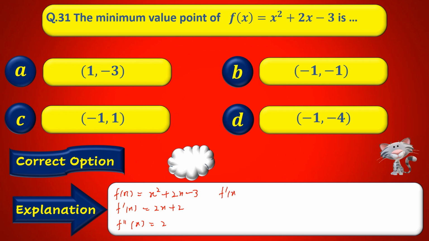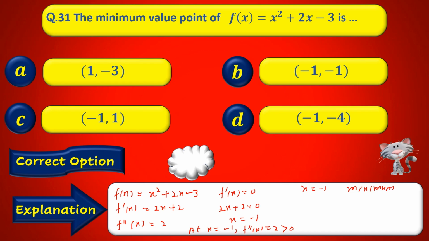Put f dash x is equal to 0. It implies 2x plus 2 is equal to 0. x is equal to minus 1. And at x is equal to minus 1, the double derivative remains 2, which is greater than 0. Since double derivative is positive, therefore x is equal to minus 1 is point of minimum value.